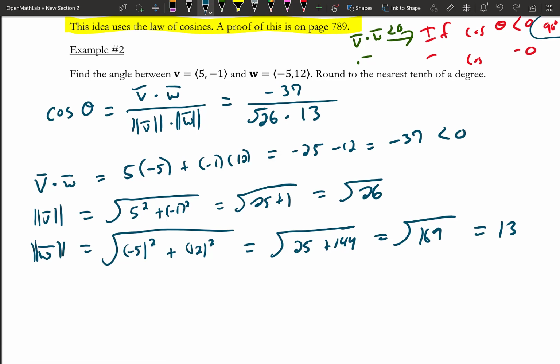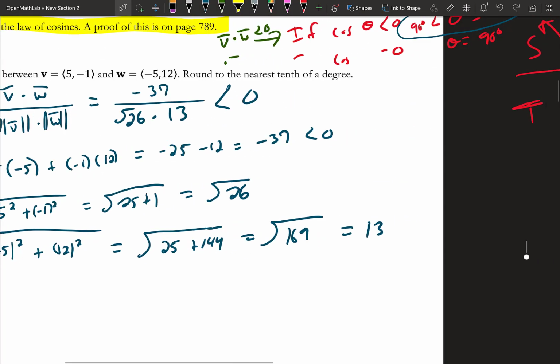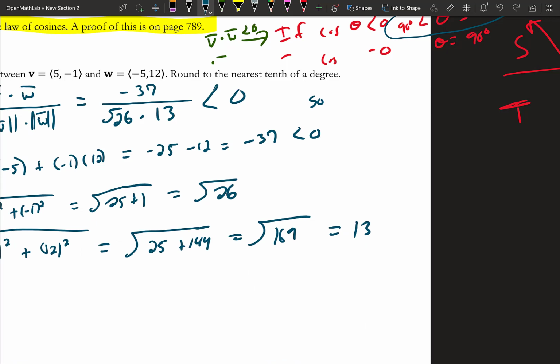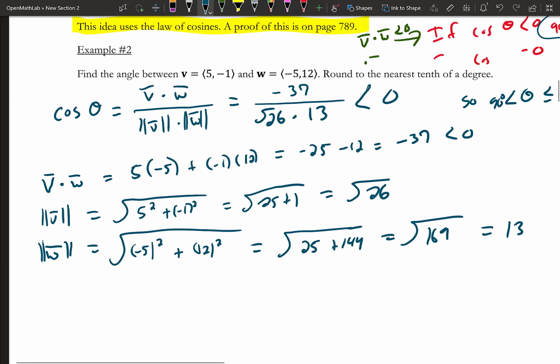So just note that, like I was saying, this is less than 0. So what that tells me is that theta is in between 90 and 180 degrees, right? And we can see that a little more clearly if I graph these vectors.